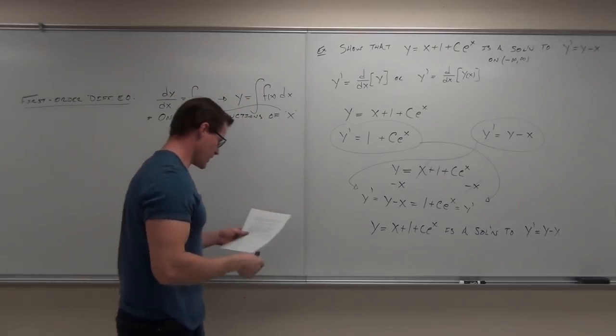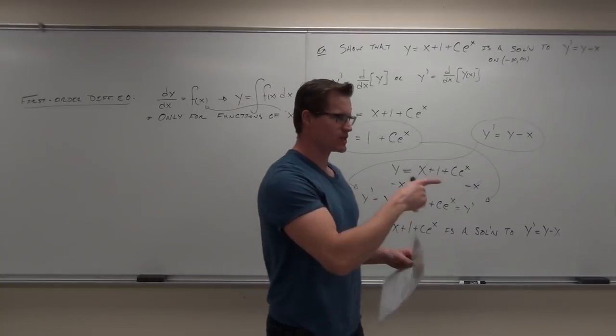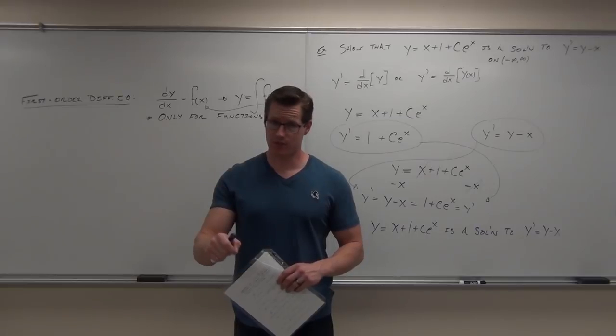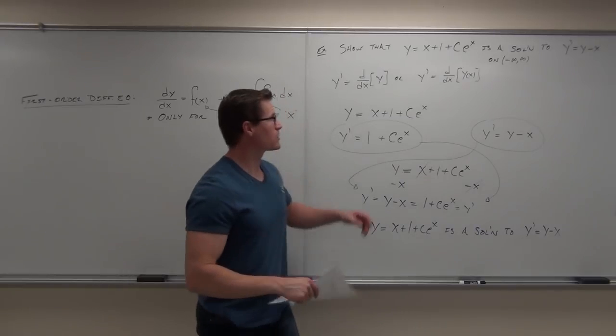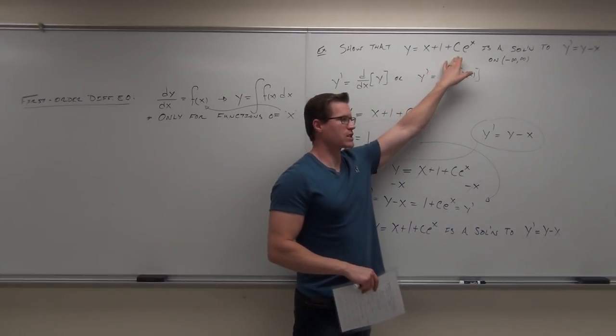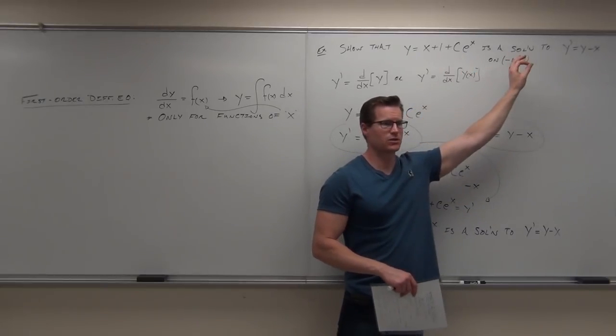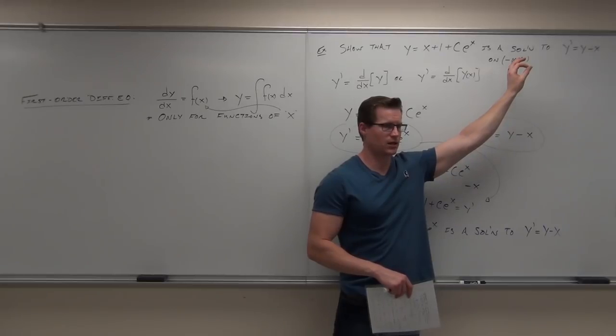Okay, so where are we at? Here's the deal. A first order differential equation will have a solution with one arbitrary constant. This right here is an arbitrary constant. Notice how I could plug in anything to this thing and it would still satisfy that. Still going to work. That's the idea.